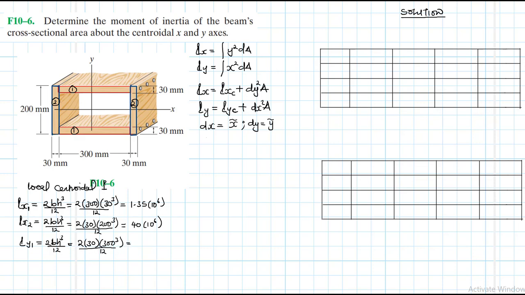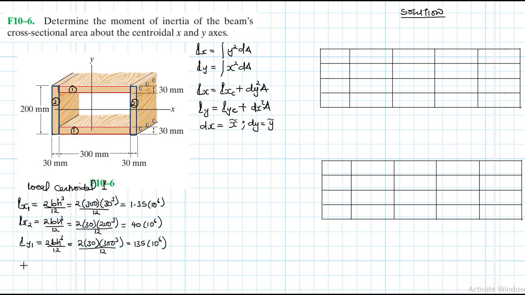So 2 times 30 times 300 cubed divided by 12 gives us 135 times 10 to the power 6. So huge, right?